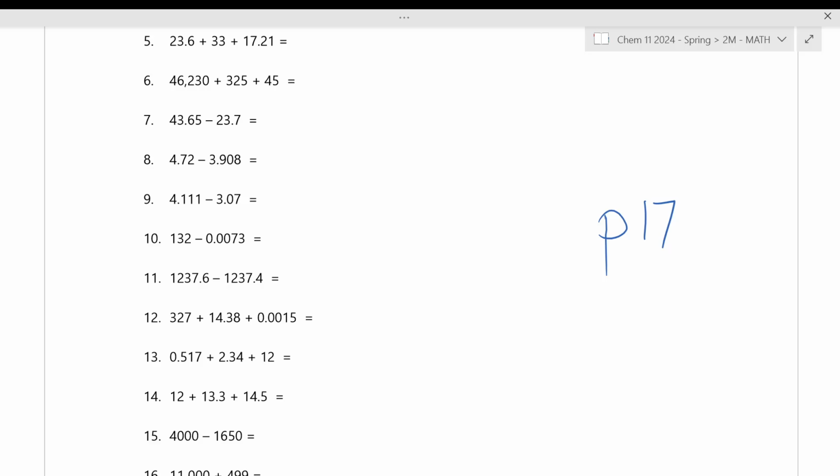Okay, so now you're gonna say, I have an uncertain digit here, so you're gonna underline that one. You have an uncertain digit here, so you're gonna underline that one. Now, how many uncertain digits are you allowed? One. So you have to round to the hundredths position.